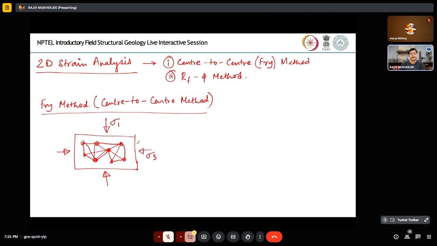Now what will happen is that these markers are rigid objects, that means they are not rotating or deforming, but just the surrounding matrix or material is flowing.